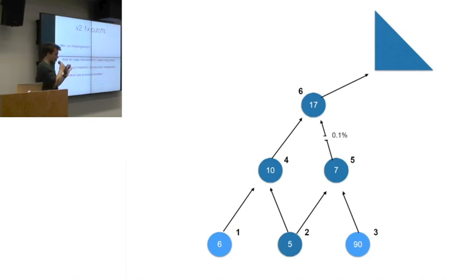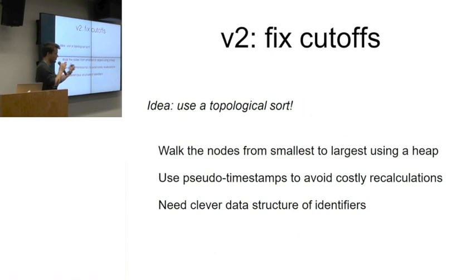Normally, if you ignore binds, you could use timestamps as topological sorts, because something can only depend on something else if it was created afterwards. But in the presence of binds, you need to be slightly more clever by using a pseudo timestamp. If my original node was 2, and there's another node 3, and I'm newly created but want to be between the two of them, I'm just going to be 2.5. That's okay.